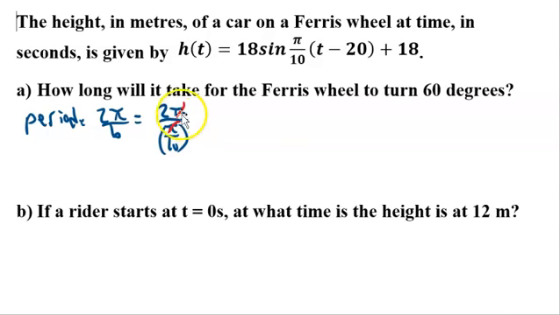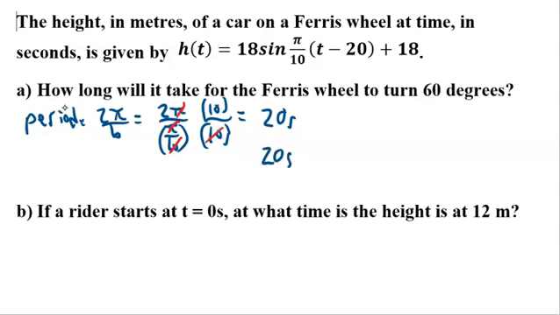We have a fraction inside a fraction, so we'll multiply by 10 divided by 10, and this 10 cancels out with this 10. This is like 10 over 1, and this is like 1 over 10, so that cancels, and we're left with 2 times 10. So the period is 20 seconds, and that 20 seconds is how long it takes to do one period, to go around one revolution.